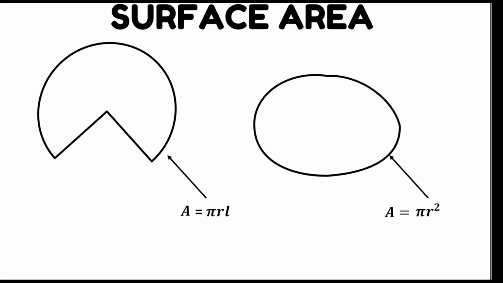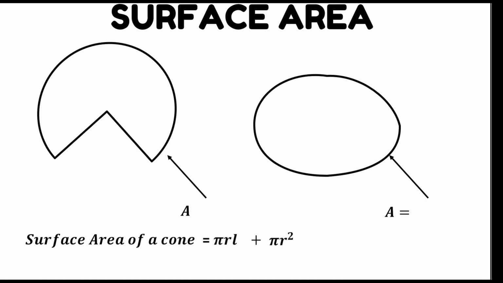So having derived the area of the curved surface to be pi RL and the area of the circle to be pi r square, therefore, the surface area of a cone is equal to pi RL plus pi r square.